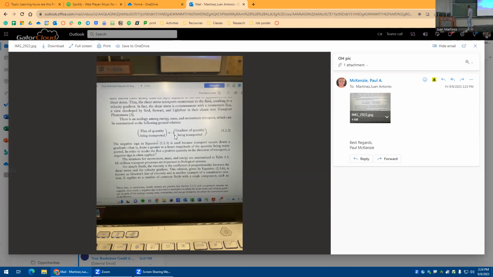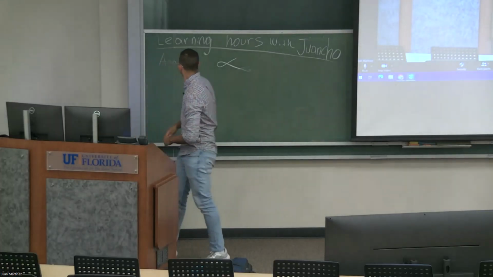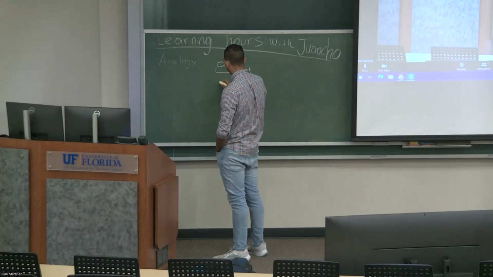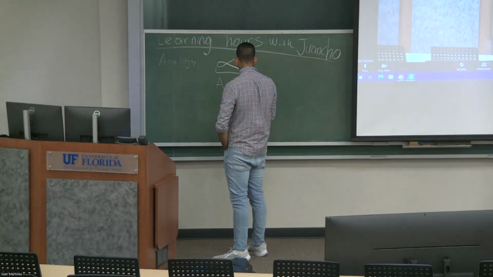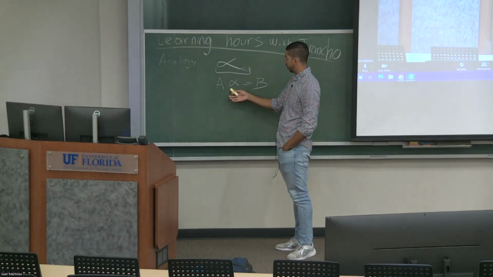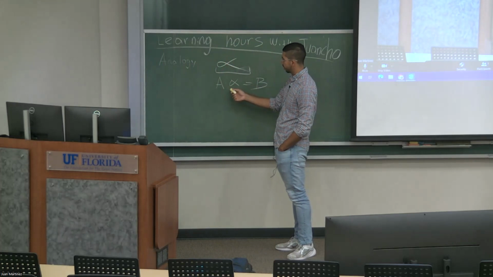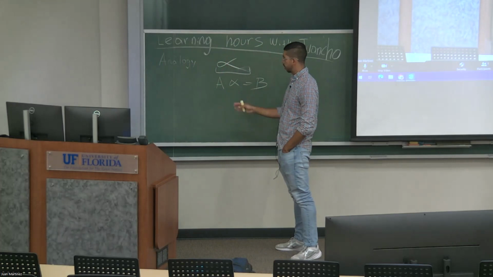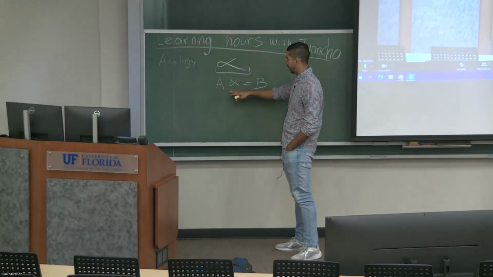So when you have this symbol, alpha, it means that when you have a relationship, for example A alpha B, that means B is equal to alpha times A, for some alpha. What that means is that they are related by a relation factor. So this will be like a parameter you would multiply A by and you will get B. So they're related by some factor.